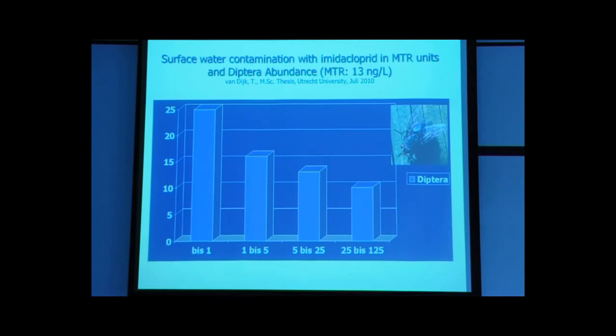And you see that when the surface water contamination is only slightly above the MTR, 1 to 5 times, you already see clear changes in Diptera abundance. And you remember that in Rijnsburg this limit was exceeded nearly 2,000 times, and in Noordwijk nearly 5,000 times. Well, the bottom line is that there are no longer midges and flies in those areas.